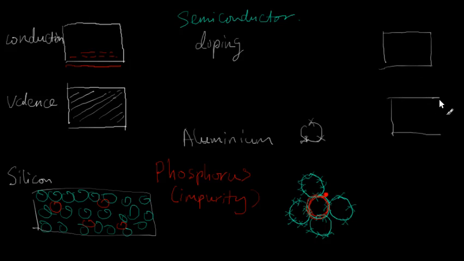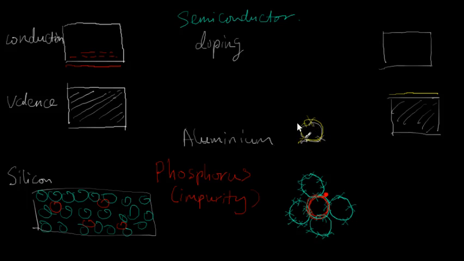Okay, we have this conduction and valence band once again. Now when we introduce aluminum, let's say that's the aluminum atom, the fact that there's a shortage of electron would introduce an energy level just above the aluminum. Sorry, let me say that again.